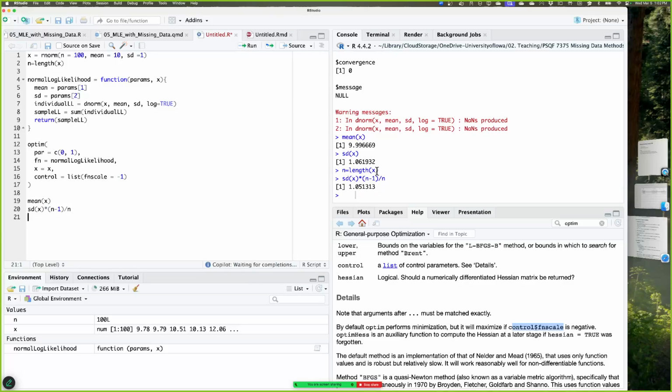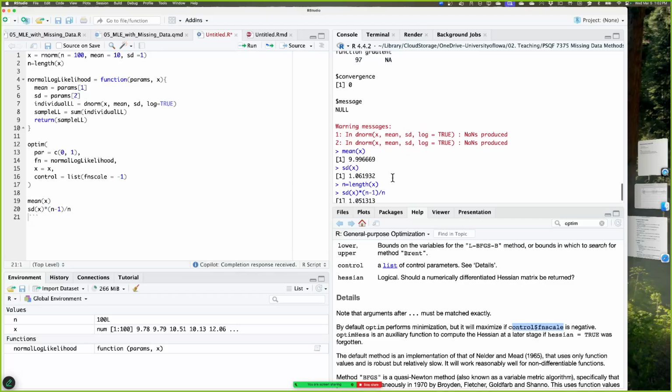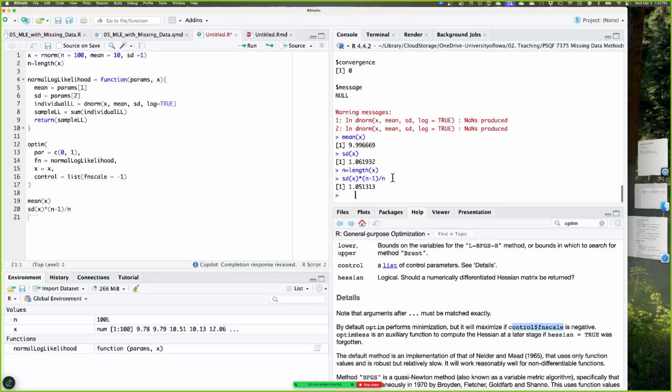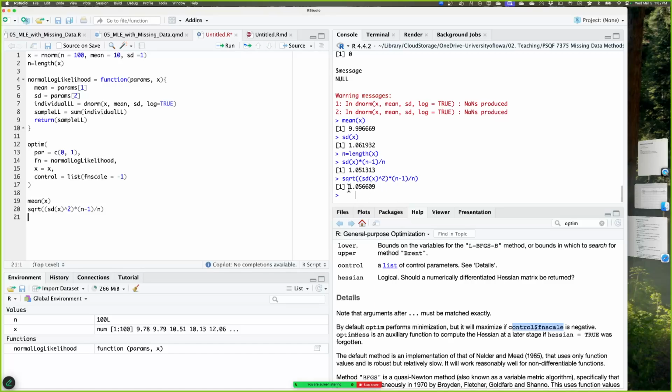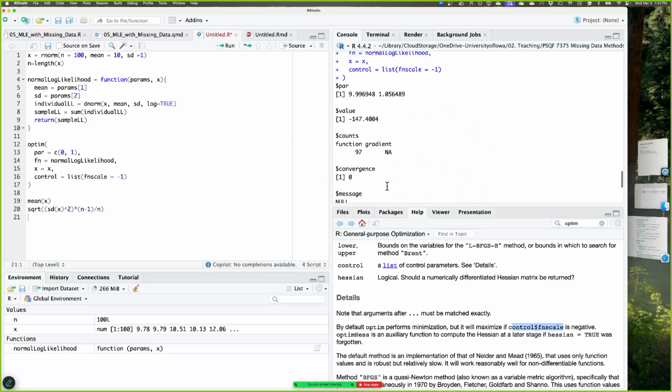So if I multiply by n minus 1, then divide by n to change its denominator, we end up getting a result. Actually, we need to do this on the variance side because it's under the radical otherwise. All this goes into square root, and there's our number. That should be our MLE, and sure enough, it's pretty close to that.